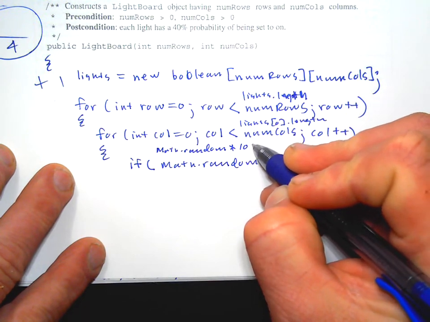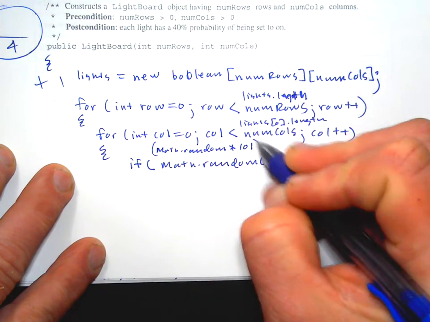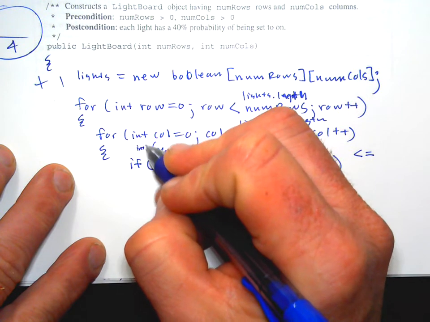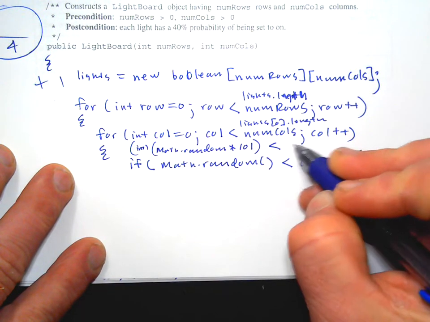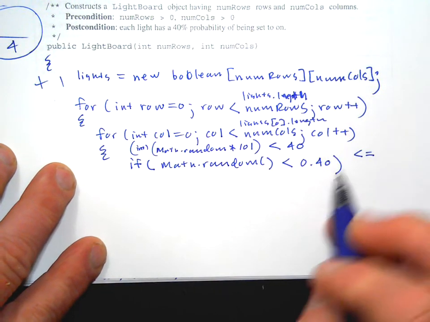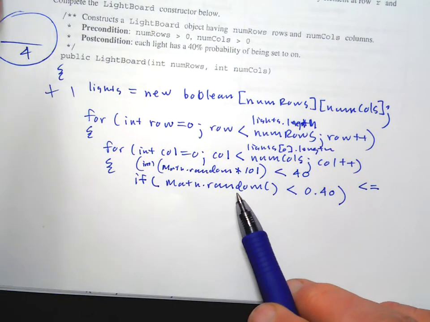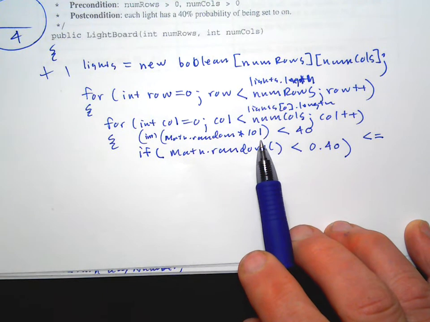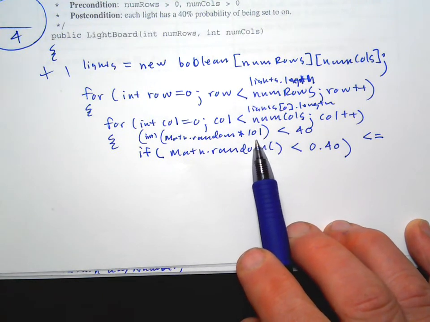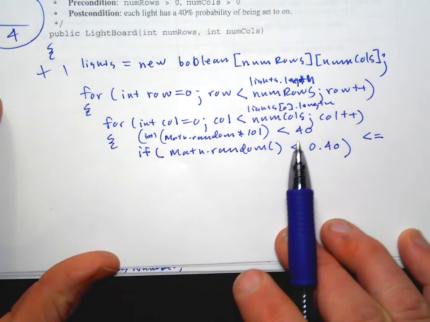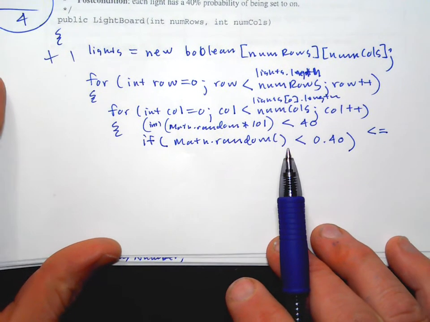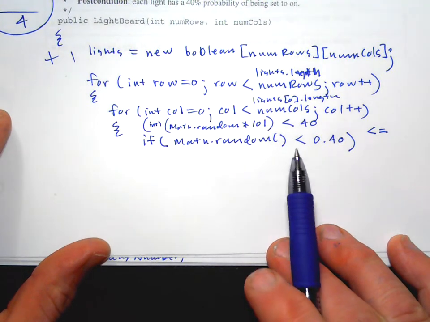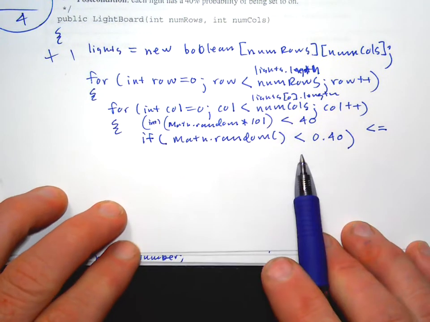You probably should do 101 if you're then going to cast it afterwards and say that it's less than 40, because if you cast it, it's going to truncate it. So if you do 101, then you can get 0 to 100. Now, you shouldn't add 1 afterwards because that would be 1 to 100, as if there's no 0% possibility, which is possible. But you could just use the double.